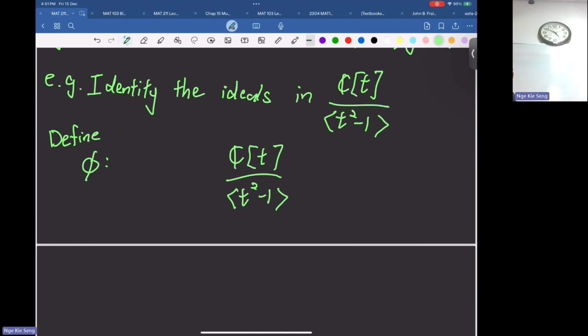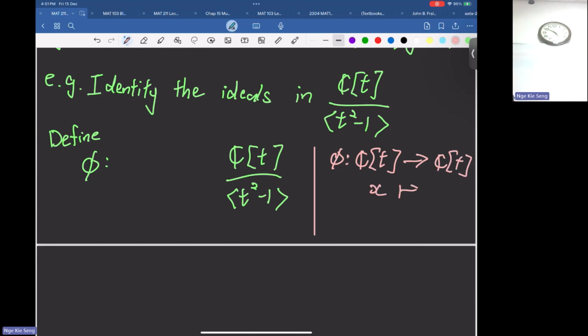So you mean you want to do something like what we did just now? Like, for example, a map from C[t] to C[t], sending x to, sorry, wait, let me think. That's also not true, right?